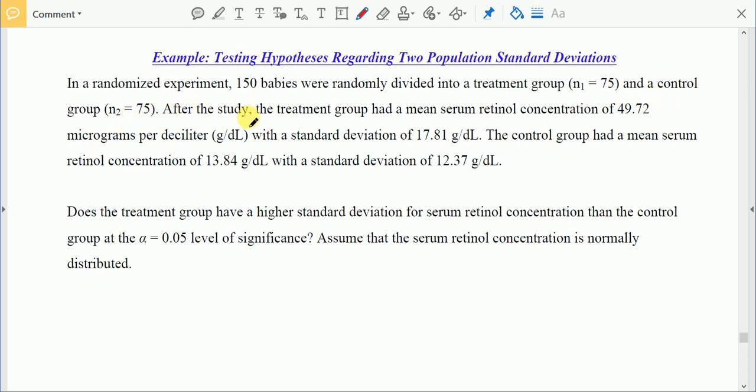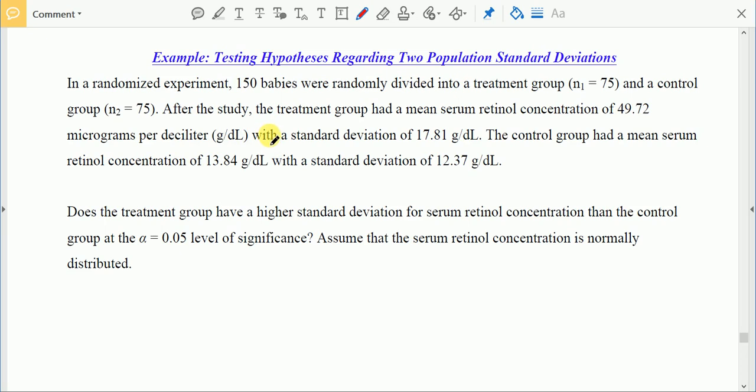After the study, the treatment group has a mean serum retinol concentration of 49.79 micrograms per deciliter.